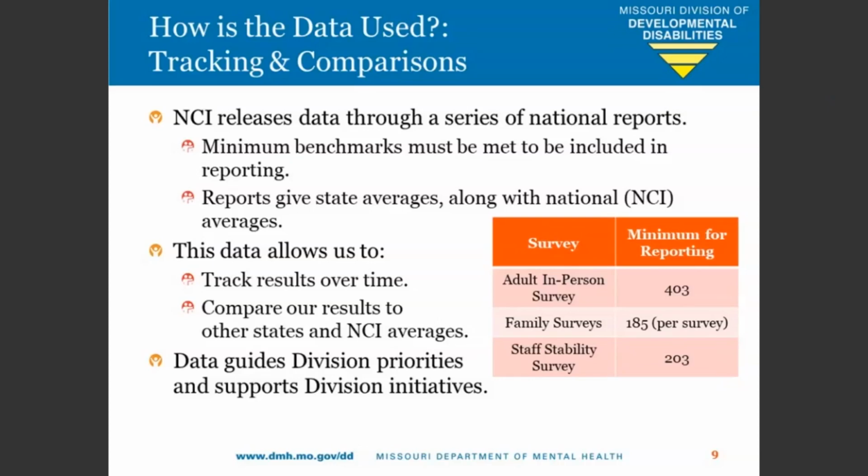And like I mentioned earlier, it allows us to compare all results to other states and national averages. And then we use this information to set division priorities and to support initiatives, which I will talk about in just a second. Next slide, please.